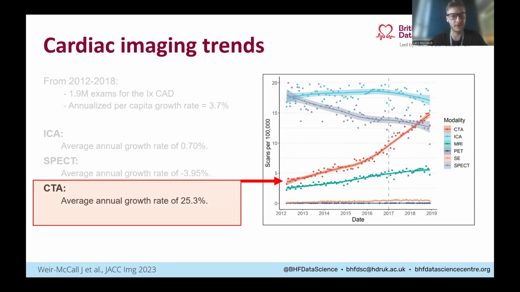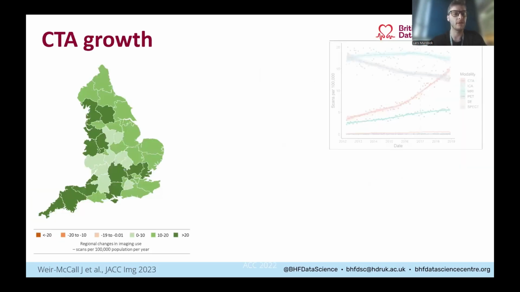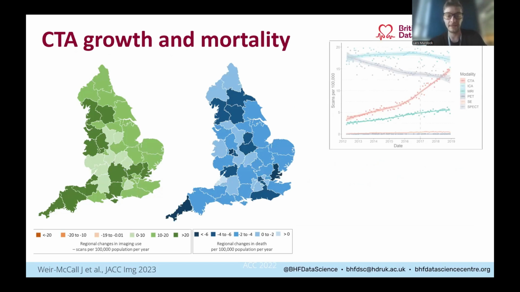And so that caught Jonathan's interest, and he looked at, among hospital regions in England, which were the ones that were using it more and which less so. And then he compared that to those that were experiencing higher or lower changes in cardiovascular mortality. And you can see these different regions make up the STBs. There's about 42 of them.